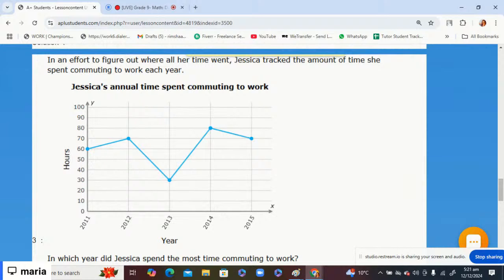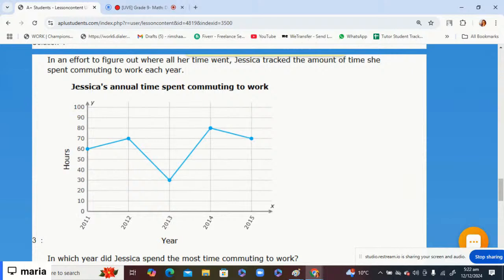In 2012, it's 70 hours. In 2013, it's lower, 30. For 2014, it's greater, 80. And for 2015, it's 70. The years are on the x-axis, and the hours are on the y-axis.